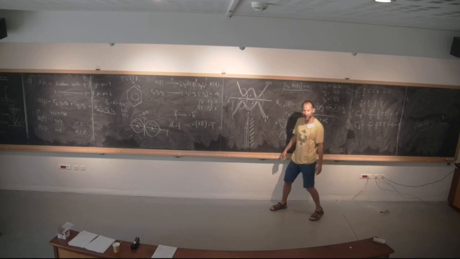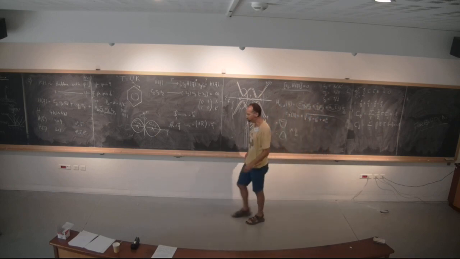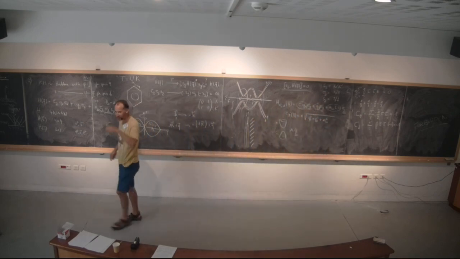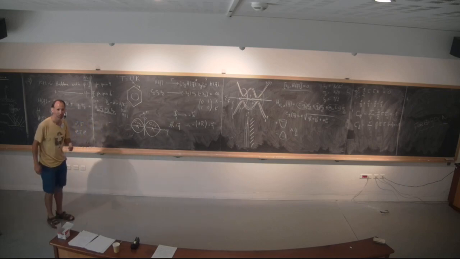So what these guys realized is that here they have a system in which you have the following new idea: you may have topology in the sense of protected edge modes, but only provided your perturbations respect some symmetries.